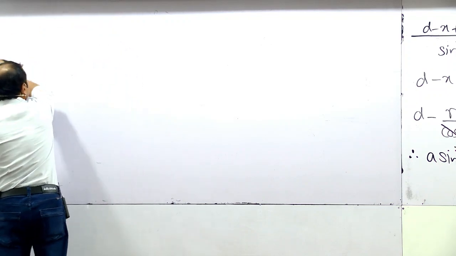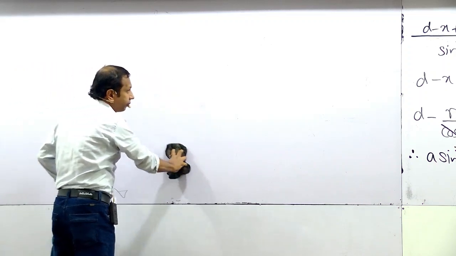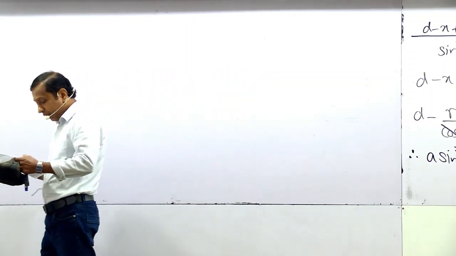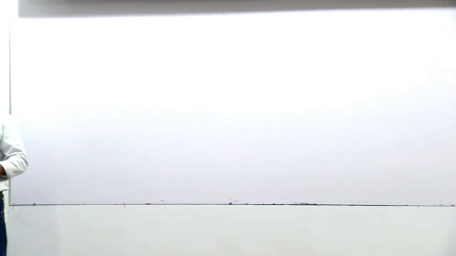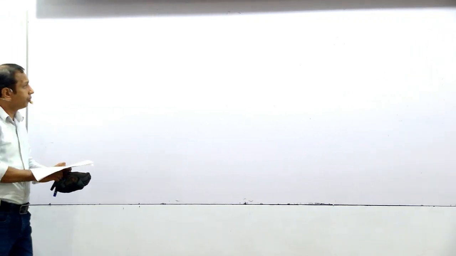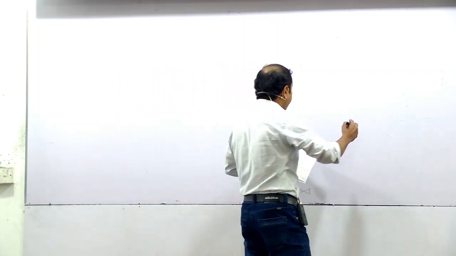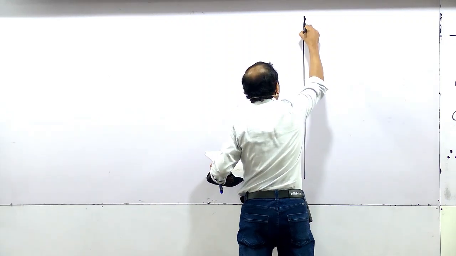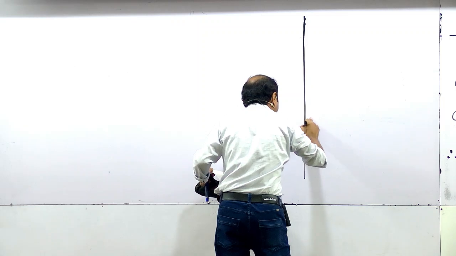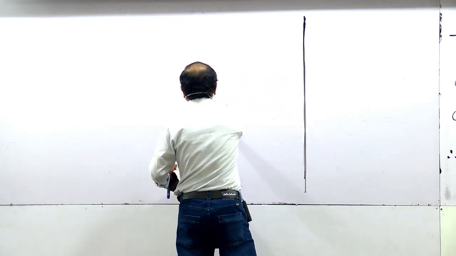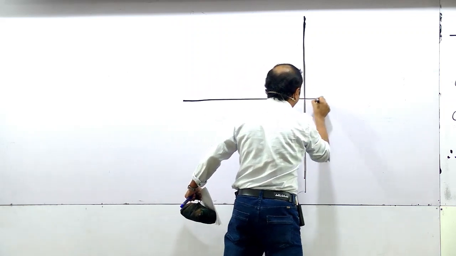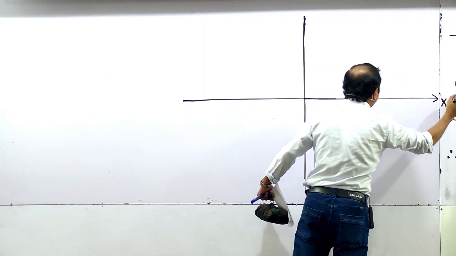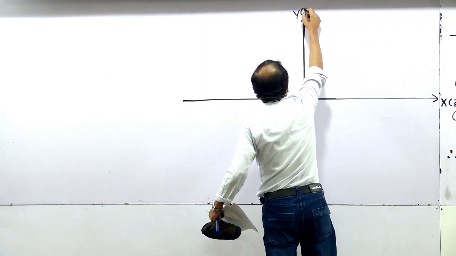Right, the next one, question number 3. The forces act at the points with these position vectors. I'll directly mark them. X-axis unit vector i, y-axis unit vector j.